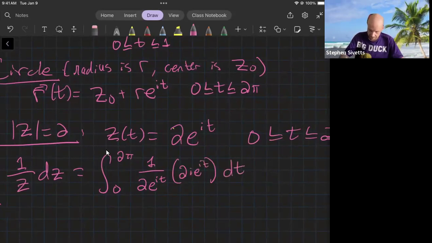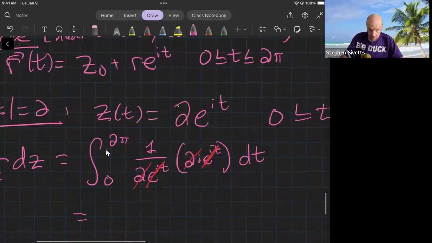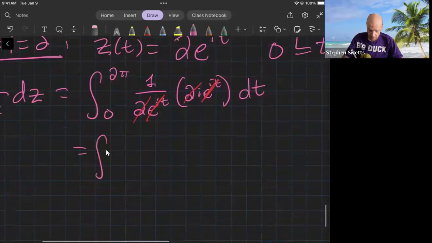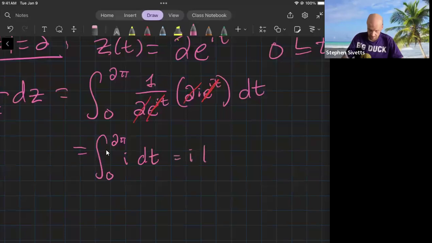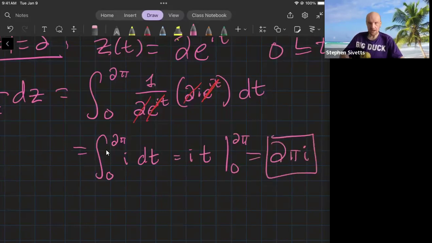So the e to the it's will cancel along with the 2's, and this equals the integral from 0 to 2 pi of i dt, which equals 2 pi i.